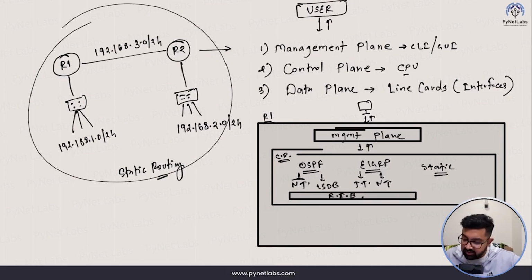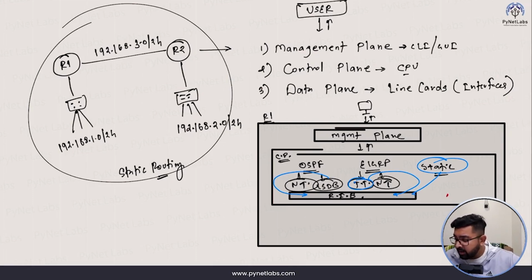So the best path from the LSDB will go into the routing table. From the topology table, it will go to the routing table. And from static, it will directly go into the routing table. Right? So the best path will be calculated. Then there will also be ARP negotiation. So ARP also comes into the picture for finding out the MAC addresses of the next hop and so on. All that happens in the control plane.